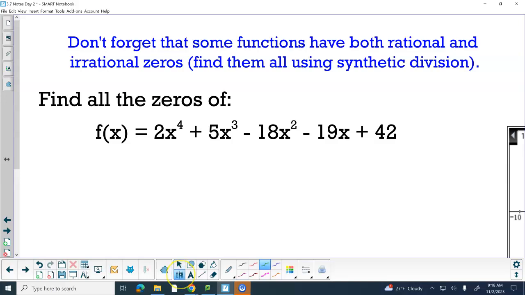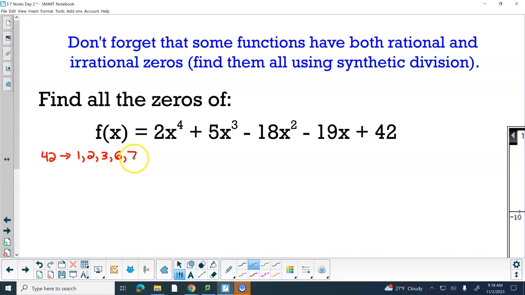Okay? So we would need factors of 42. What are some factors of 42? 1. 2. 3 is a factor. 4. No. 5. 6. Yep. 7.